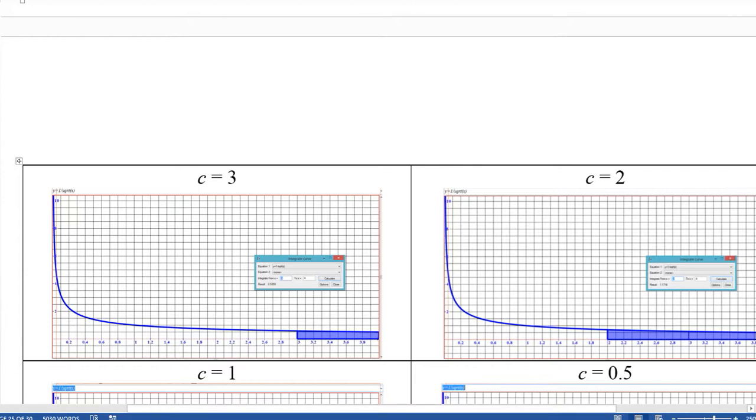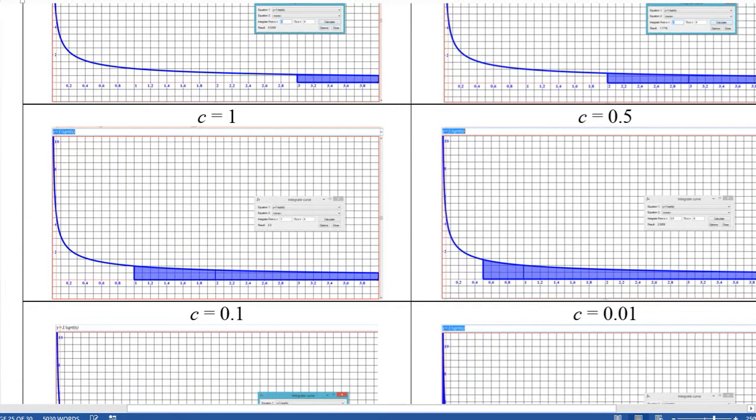Now we take this one at 3 and move it a little further to the left, and that picks up some more area. Moving from 3 over to 2, with the smaller c we've got a bigger area, now up to 1.1 something. Then we move c to 1, and we've picked up an even bigger area.